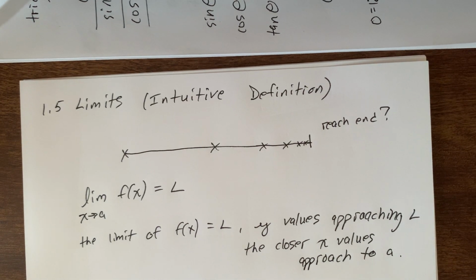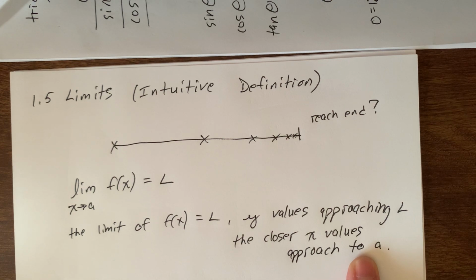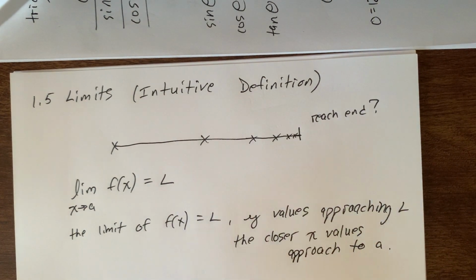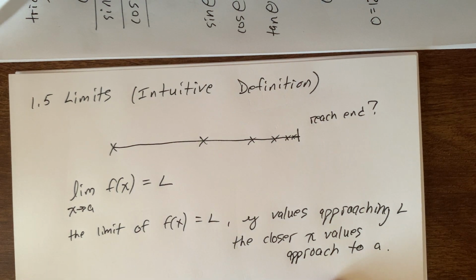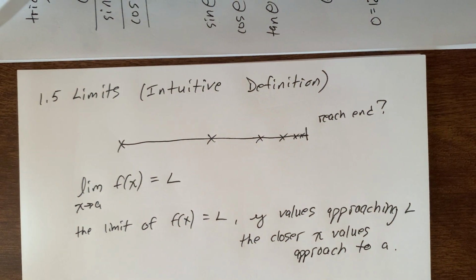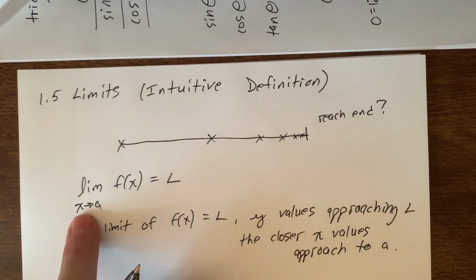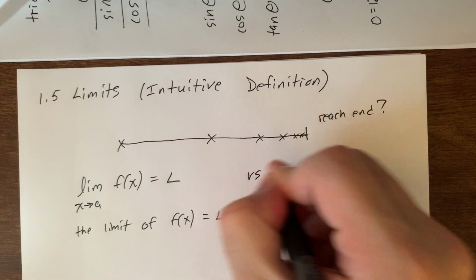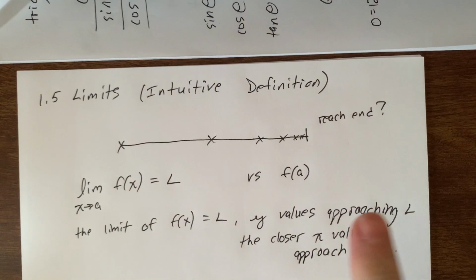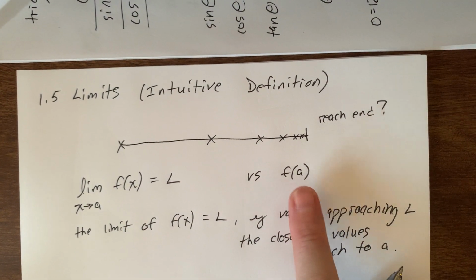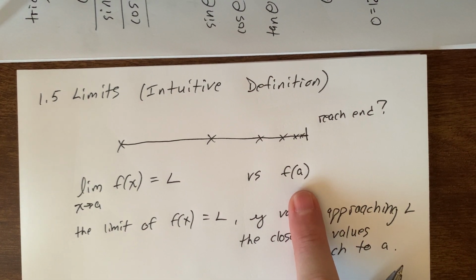Now, even though this is an intuitive definition, that still is quite a mouthful, and that still is very difficult for people to fully grasp right off the bat. So what I want to be very clear about is the difference between the limit of f of x as x approaches a versus f of a. This is function notation. This is something we went over quickly in the review video.